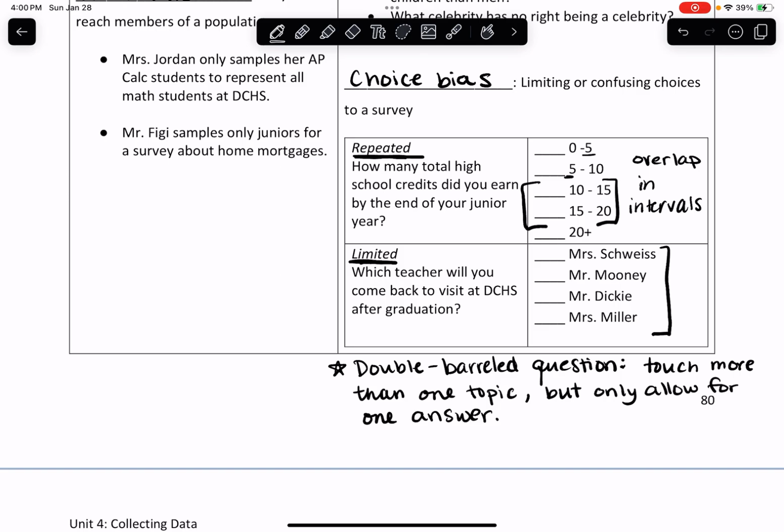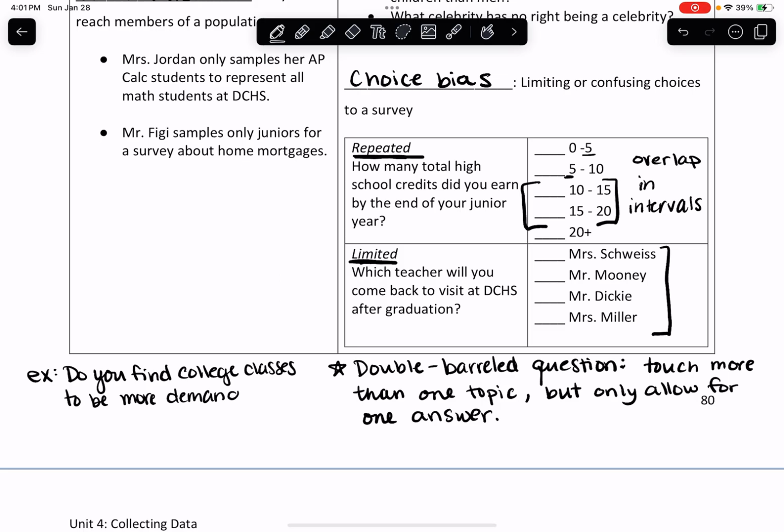So an example of that, do you find college classes to be more demanding and more interesting than high school classes?